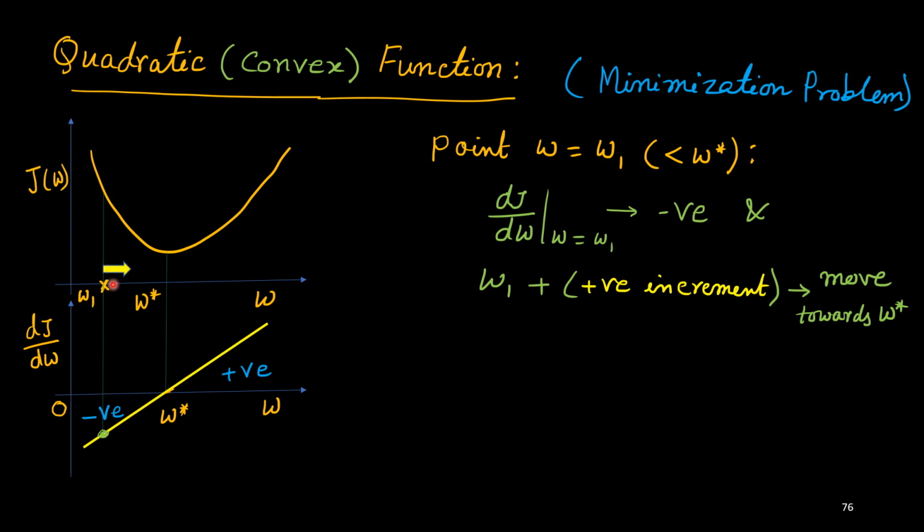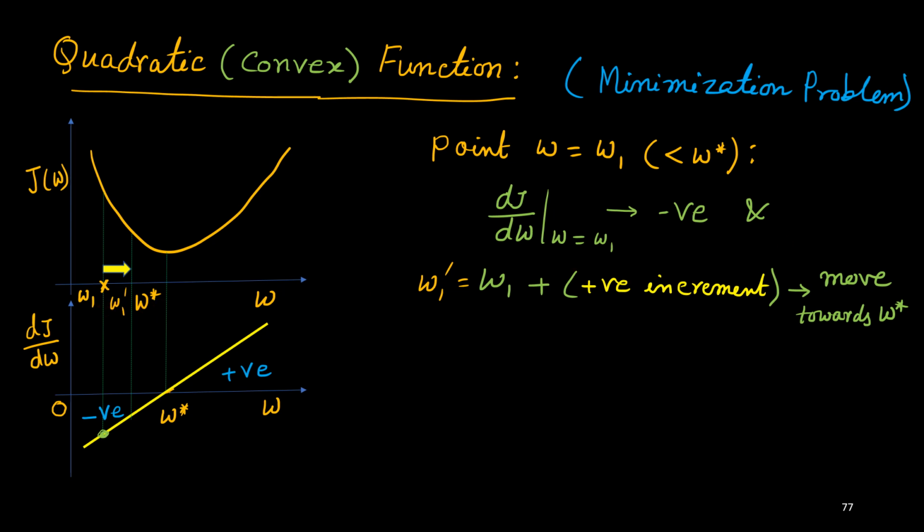So from w1 we need to add some positive increment, then we can come close to w star, because our objective is to move from w1 towards w star. If we add it, we can come up to this point w1 prime, which will be closer to w star compared to w1.